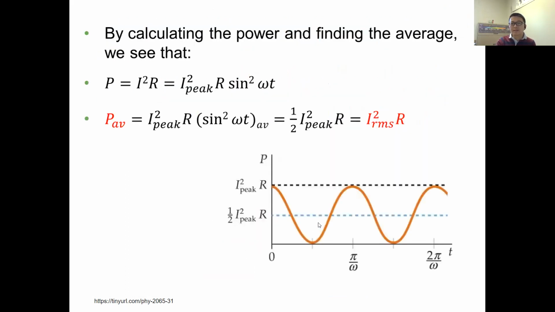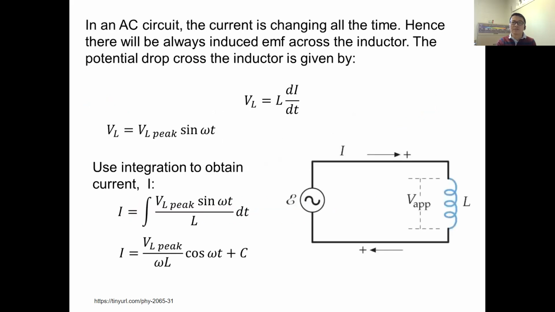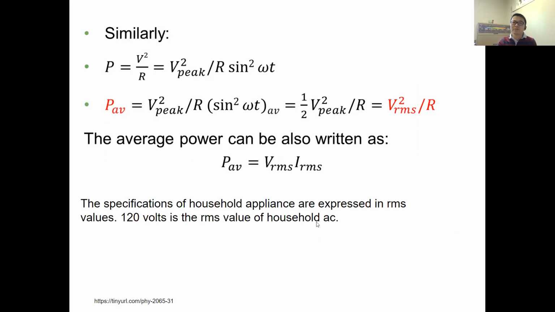For the resistor in an AC circuit, the power consumed is equal to the root mean square current squared times R, or root mean square voltage squared over R, or root mean square voltage times root mean square current. Basically it is a similar expression as for the DC circuit, but using the root mean square quantities for voltage and current.